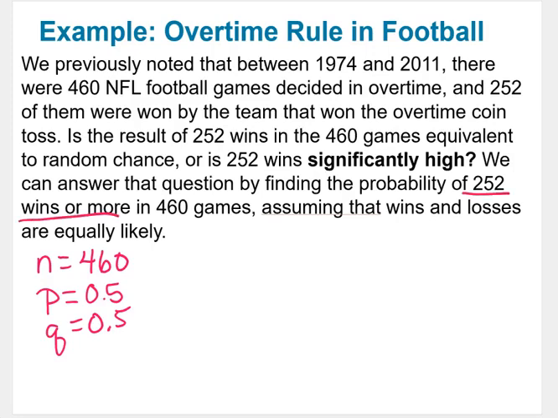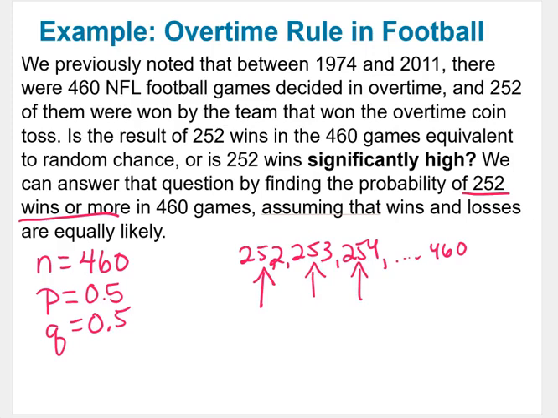So we want 252, 253, 254, all of those, all the way up to 460. Again, this is where using that formula is not going to be practical, because you'd have to do the formula for each of these numbers and then add them all together, which would take you forever on paper.